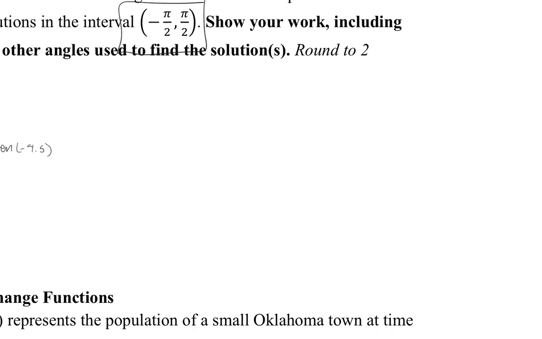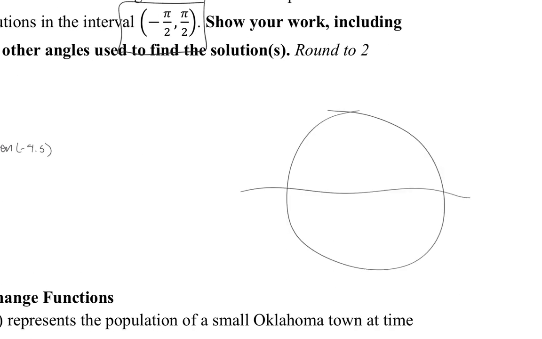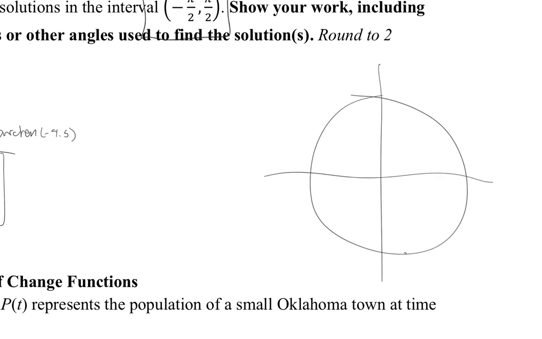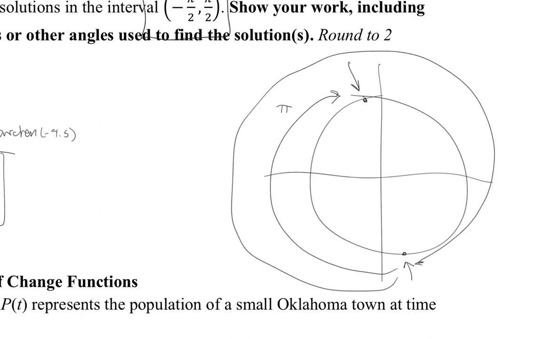And now if we think about it, if we have our unit circle here, we'll just sketch something. Theta is going to be around here. This value is going to be the same at any coterminal angle here, but also anything across from it. So if we go pi, or if we go 2 pi back, we'll end up with the same value of tangent.